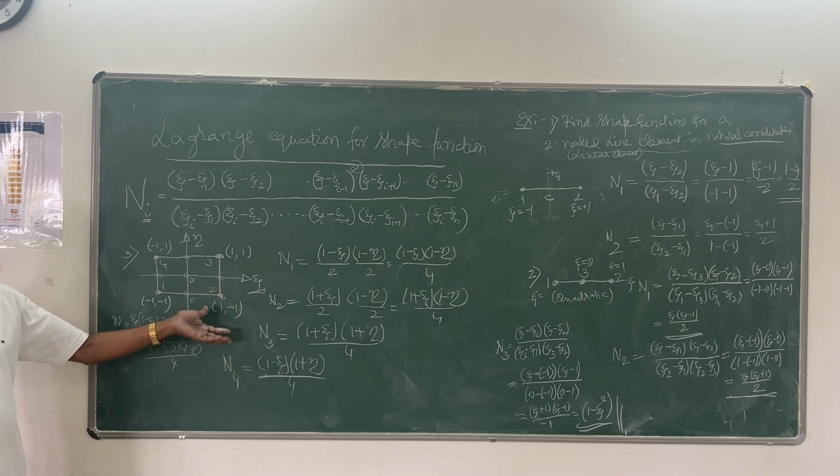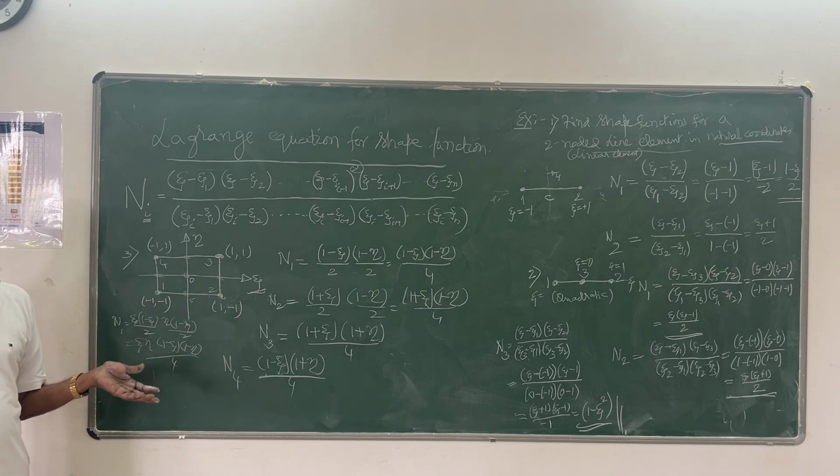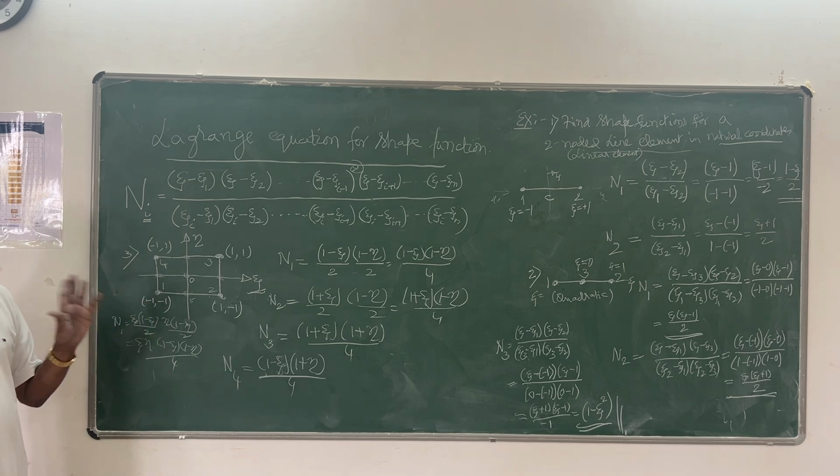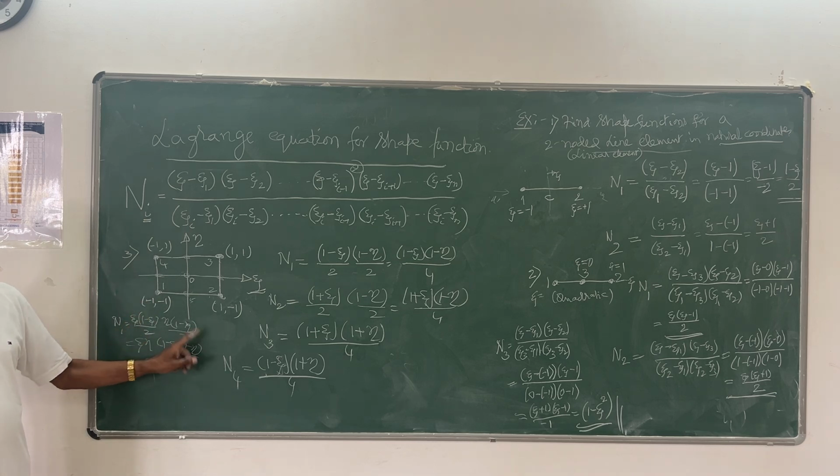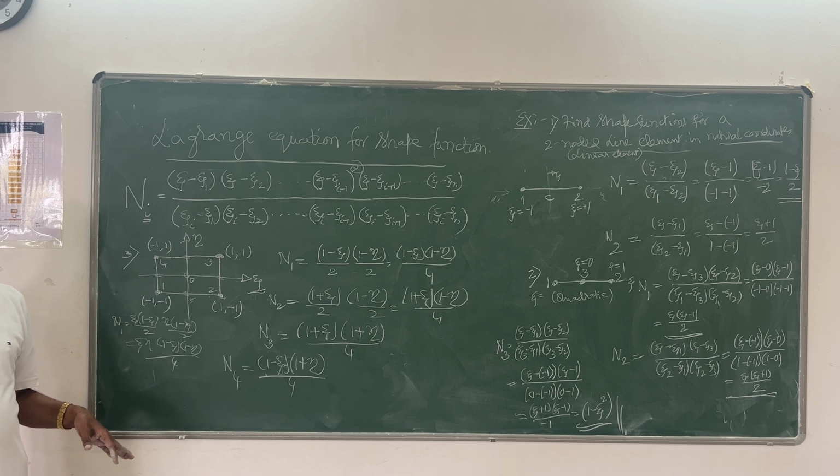Only 1D and 2D elements. Whatever things are there in the table, the family of finite elements, for all those remember the shape function. Then you can write the strain displacement, constitutive matrix, and stiffness. Then you use that in problems.